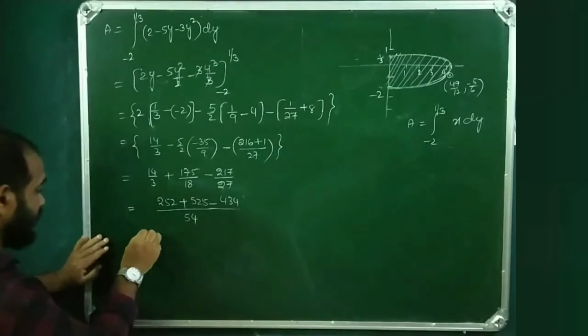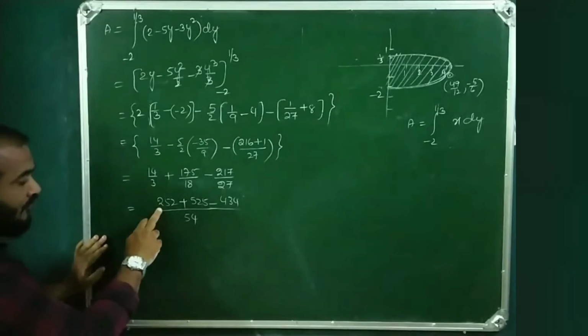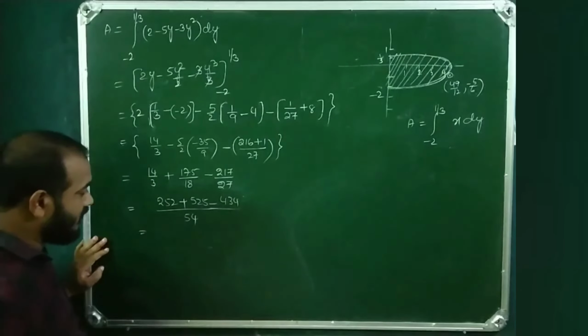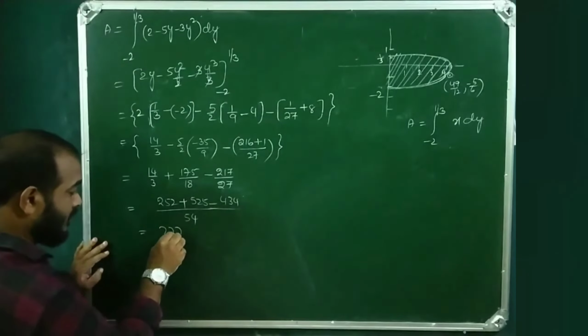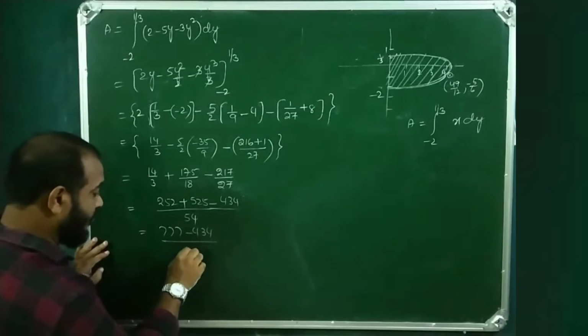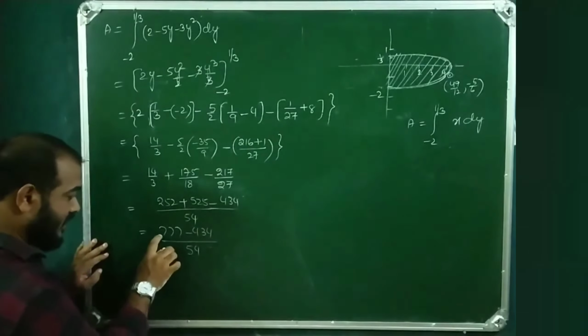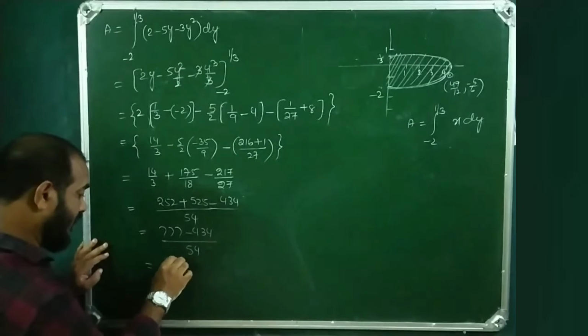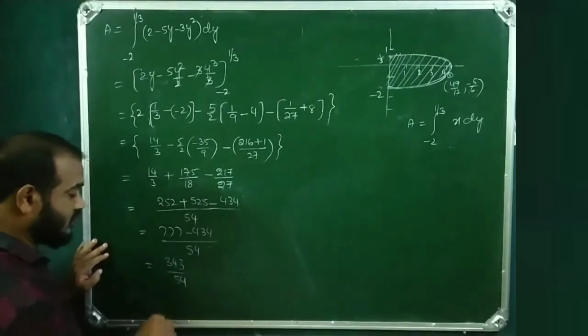This equals 252 minus 525 is 777 minus 434 by 54. Therefore, the answer is 343 by 54 square units.